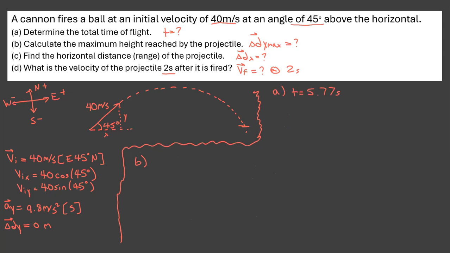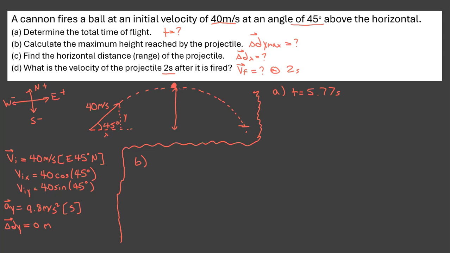Okay, so now for part B, we want to calculate the maximum height the projectile or the ball reaches. So that's going to be this height here, this approximate maximum height which the ball reaches after being launched.